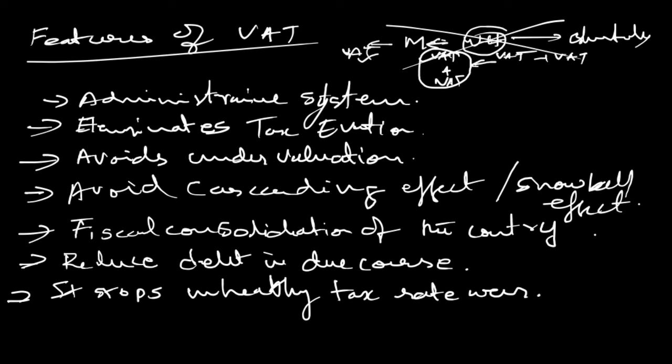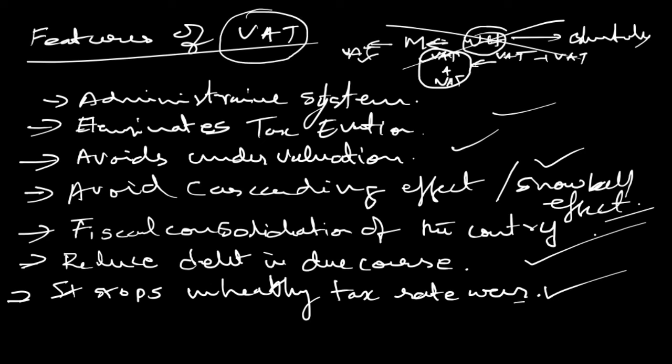VAT is a civilized kind of tax division, but the most civilized one is GST. I don't know, we can expect other kinds of tax policies, especially indirect tax policies, to come in future, because fiscal policy is also a part of research.